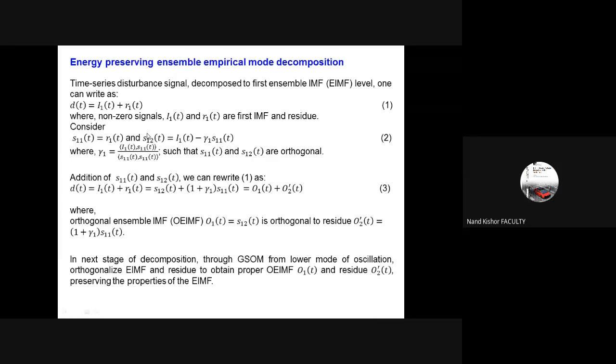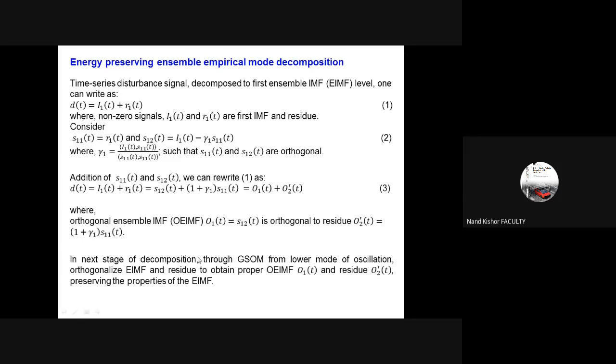So that means this part and this part are orthogonal to each other. And then we do some manipulation, rewriting equation 1 here. So we write the complete disturbance signal as this one, equation 3, where you have the orthogonal assembled IMF given by this relationship.